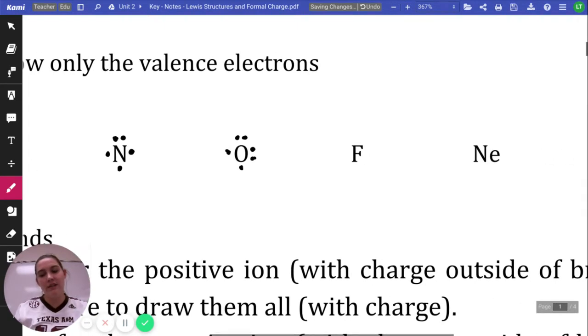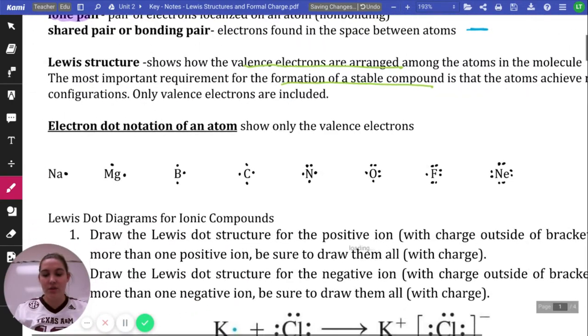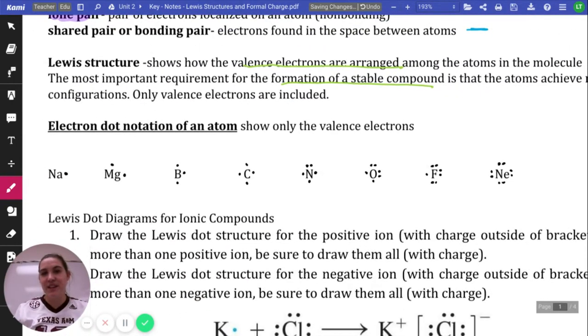And fluorine has 7. And neon has 8. Okay, that's how we draw Lewis electron dot notation of individual elements.